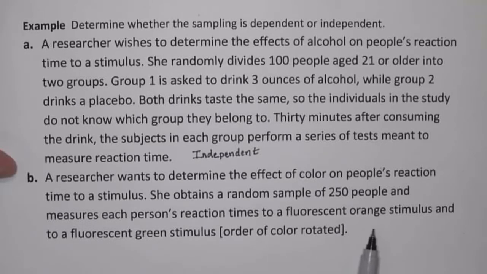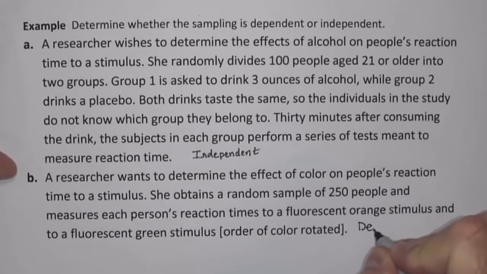So in this case, the first group and the second group, those whose reaction times are being measured for the fluorescent orange stimulus and those whose reaction times are being measured for the fluorescent green stimulus, are the same individuals. So this is a matched pairs design. So because of that, this sampling method is dependent.